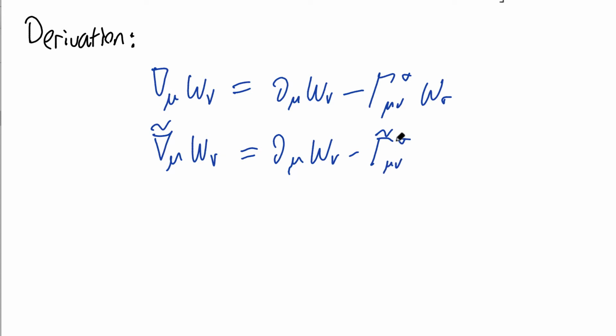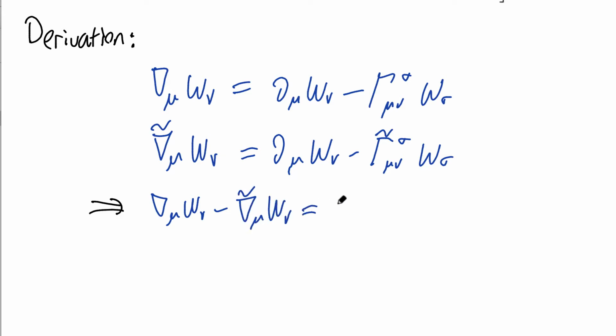So these are the Christoffel symbols built from the background metric, times W sigma. Now these results tell us that del mu W nu minus del tilde mu W nu equals minus gamma sigma mu nu minus gamma tilde sigma mu nu times W sigma.